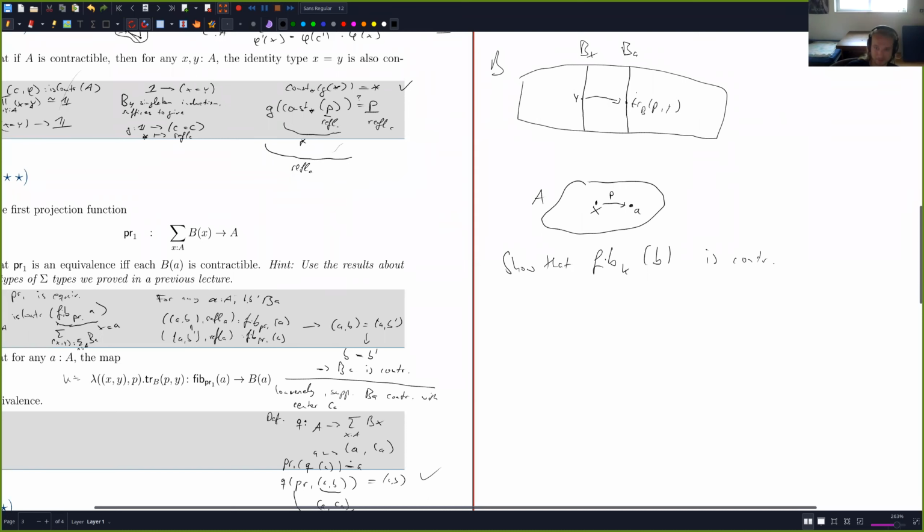So transport in B over reflexivity will just be B. So by sort of path induction, it's easy to find some center of contraction. And now we are left to show that these fibers are propositions and not more complex. And well, this is a bit technical again.